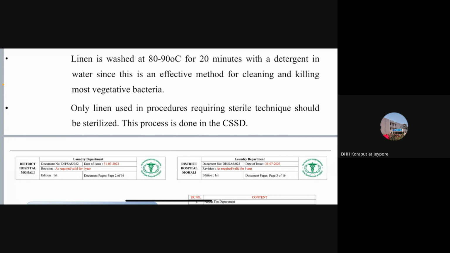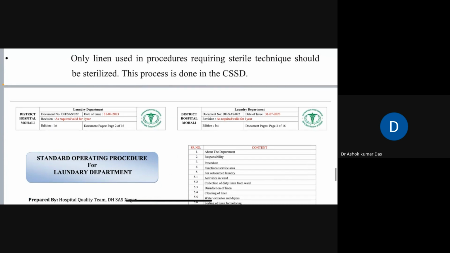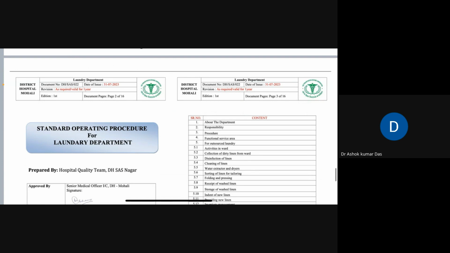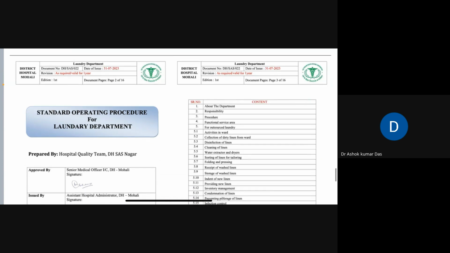If you are very sure that all the instruments used in the surgery are well autoclaved and sterilized to the benchmark, then you are sure that you are offering better patient care. So every hospital should have an SOP for the laundry of their center.